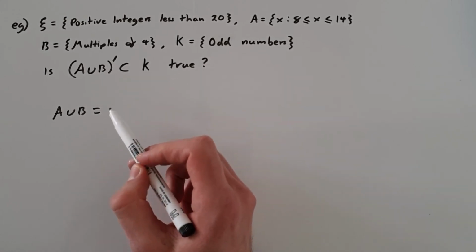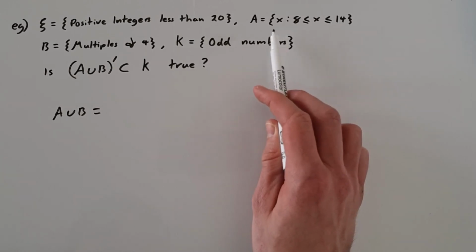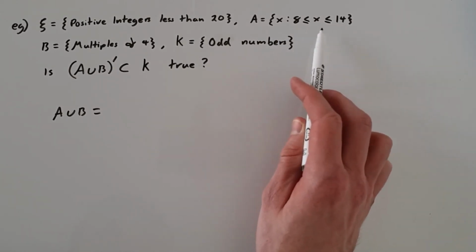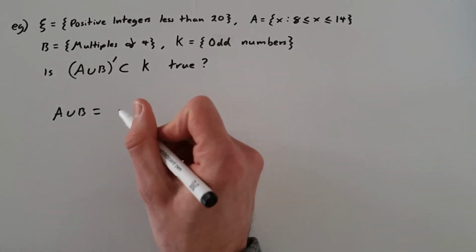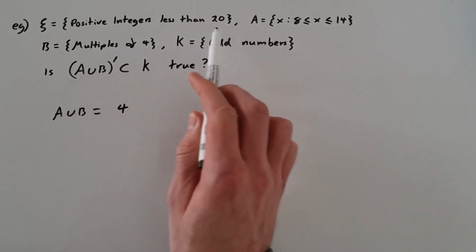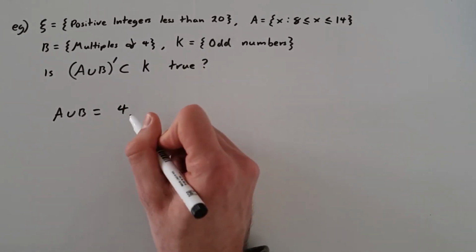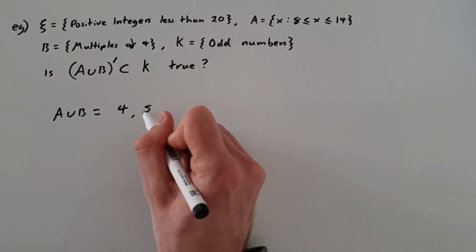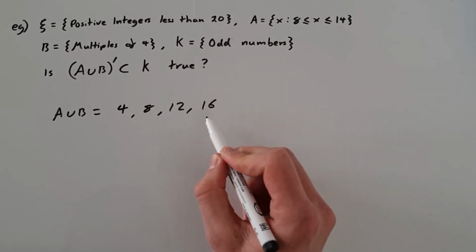So let's go through that. We want the multiples of 4 and x such that x is between 8 and 14 inclusive. So the multiples of 4: don't forget, positive integers less than 20, so the numbers 1 to 19 essentially. Multiples of 4, we've got 4, 8, 12 and 16.